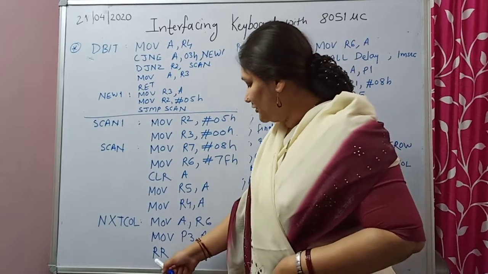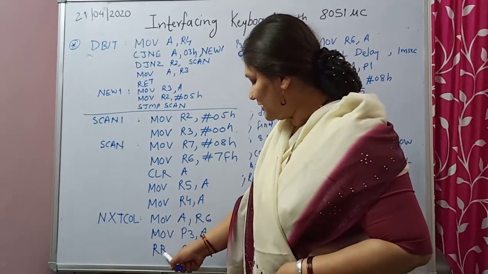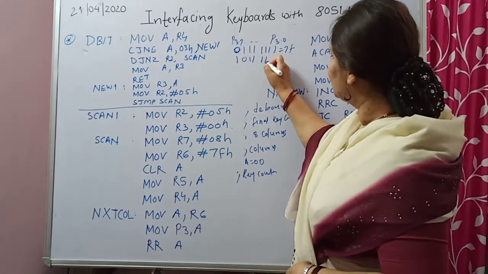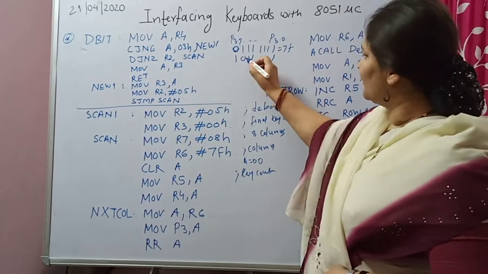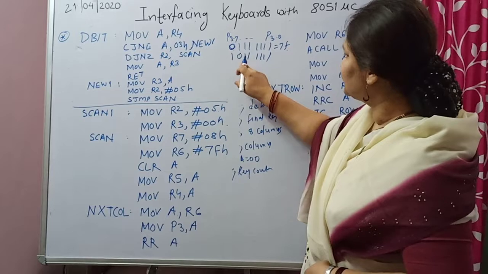Now what are we doing? We are rotating the accumulator right. Rotating the accumulator right will give you this type of status. That means for the next iteration we are making port 3.6, that is column 6, as 0.